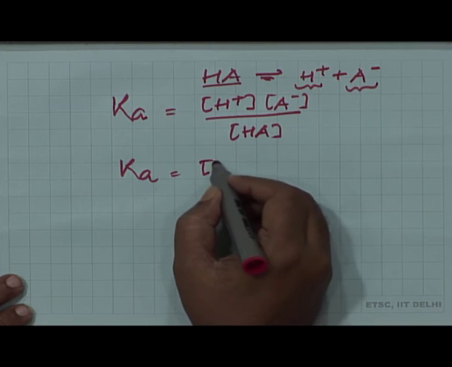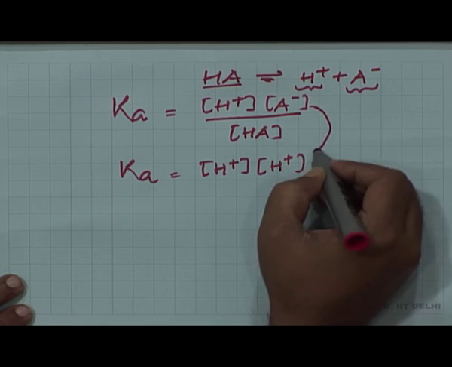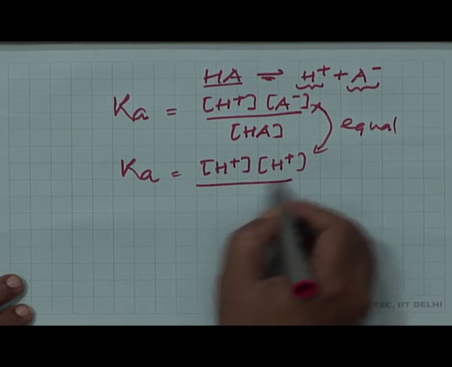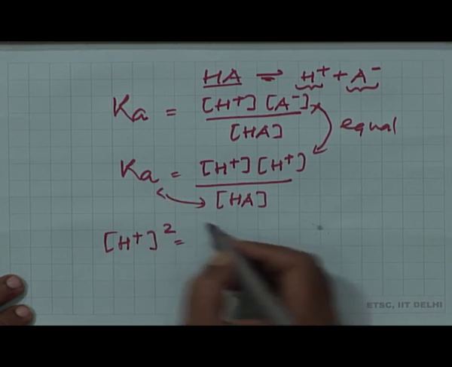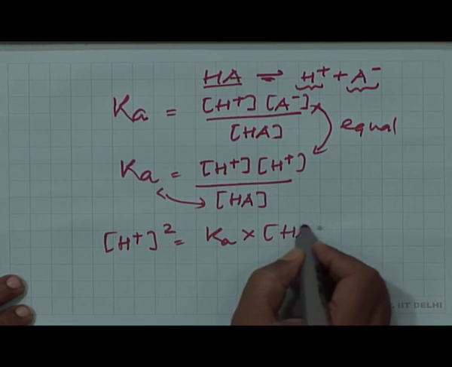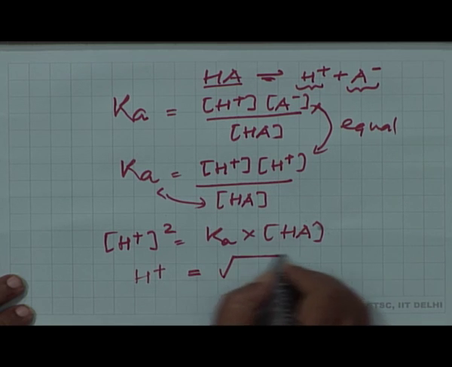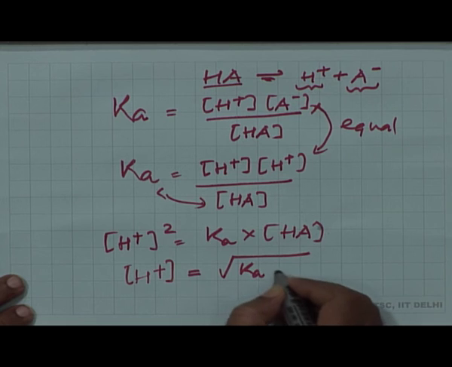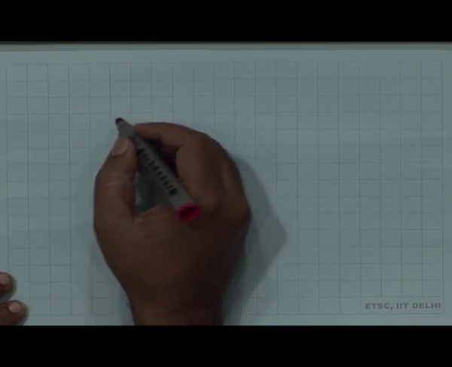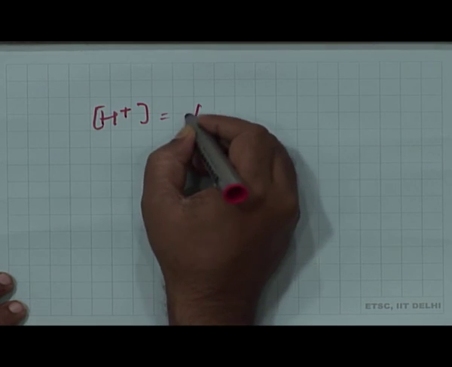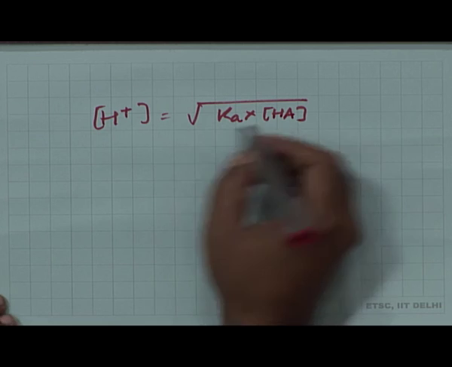So, we can write H plus squared divided by HA is equal to Ka, and so H plus is equal to the square root of Ka into HA. So, this is for your weak acid.